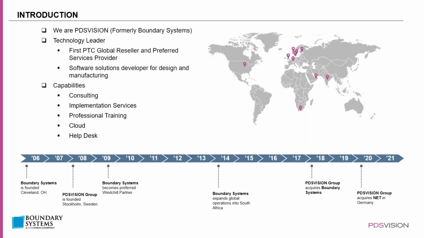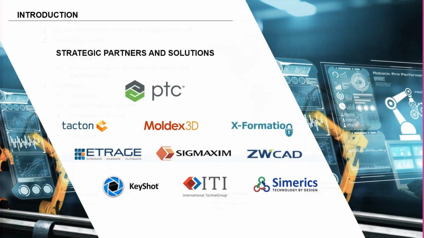So mostly Creo and Windchill. But as we see on this next slide here, we do support some other products as well that we think perform some role that PTC products is missing. So we support these as well for our customers and implement them.